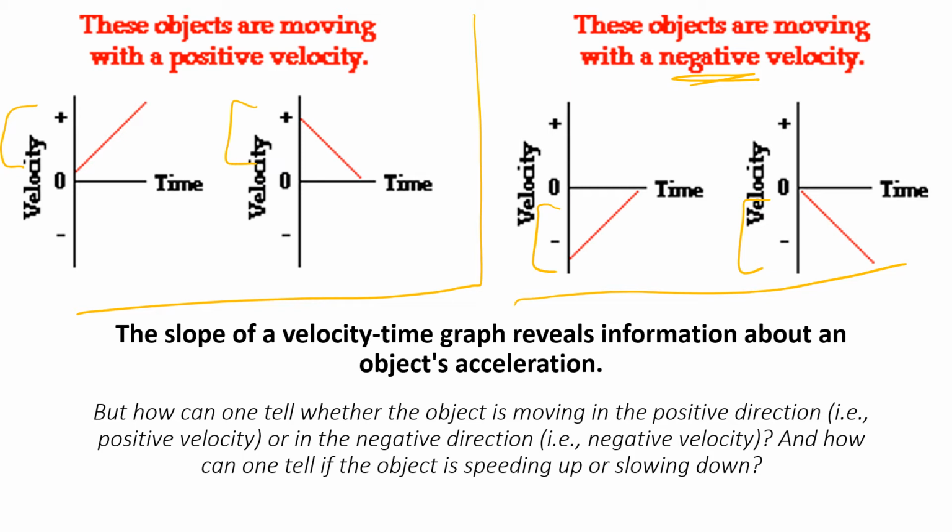Remember that your slope with these equals your acceleration. But how can you tell if something has positive velocity versus negative velocity? And how can you tell if something is speeding up or slowing down by looking at a velocity versus time graph? That's the question.